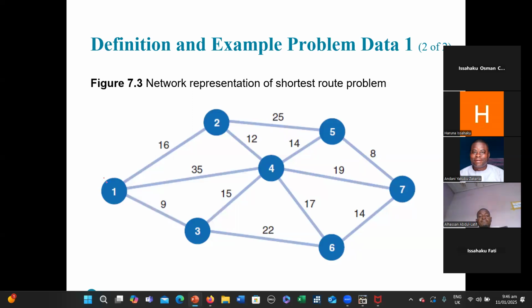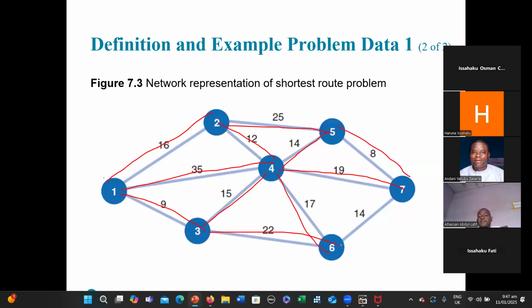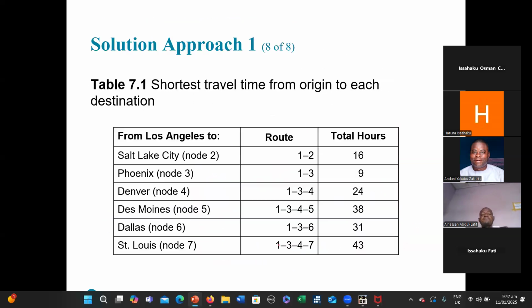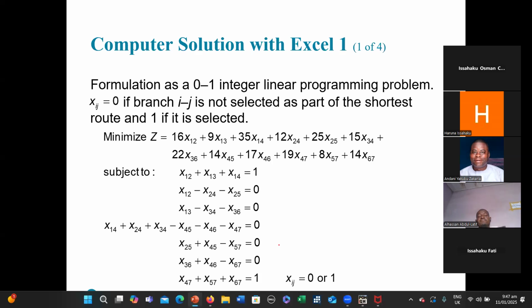So 1, 2, from 1, 4, 1, 3, then 2, 5, 2, 4, 3, 4, 3, 6, then 4, 5, 4, 7, 4, 6. Then we have what? 5, 7, and so on, and 6, 7, and so on and so forth. So that's what you see here.